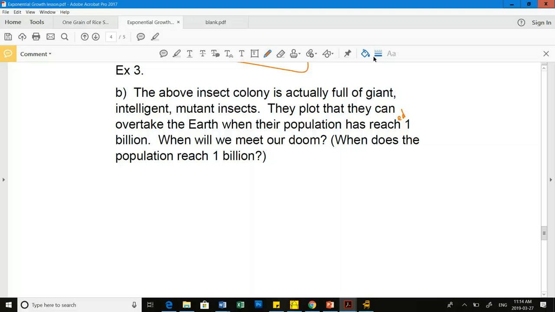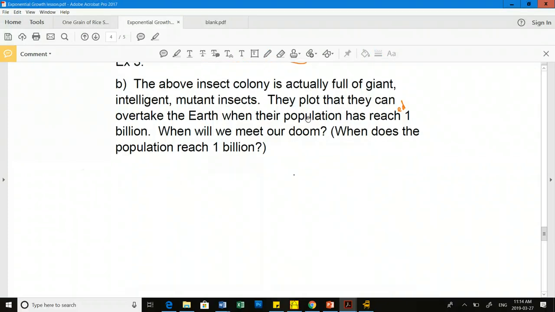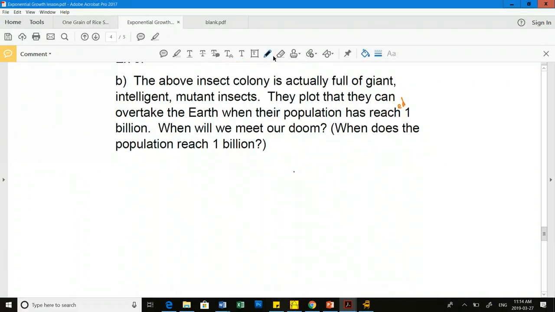Okay, so what do we know? Well, we know from our earlier question that we started with how many insects? What was our initial population? Okay, so that's going to be the same. My growth rate is also going to be the same. They are still doubling, and they double every 3 days. So that's going to be part of my x. But now, I don't know time.